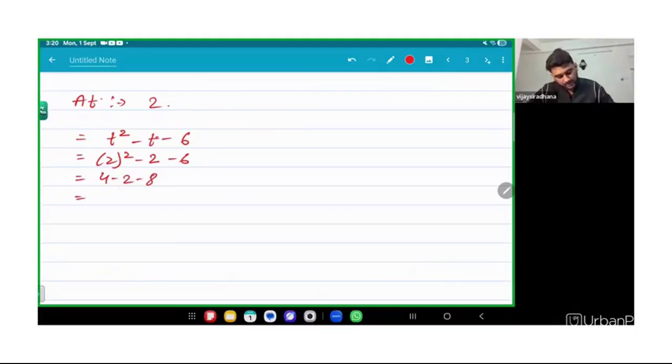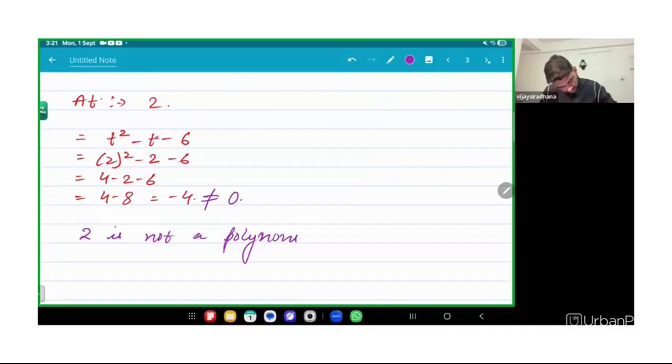So 4 minus 8 would be minus 4. So what is the conclusion? We are getting -4, which is not equal to 0, right? So 2 is not a zero of the polynomial t square minus t minus 6, right? So this is what the example is.